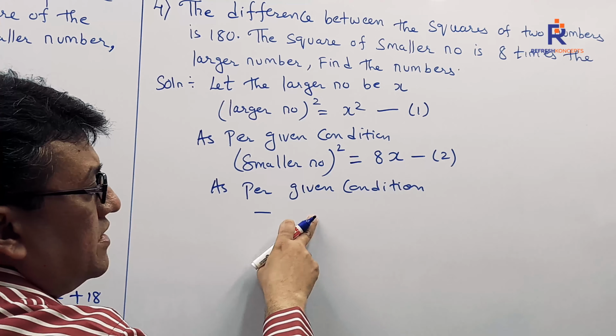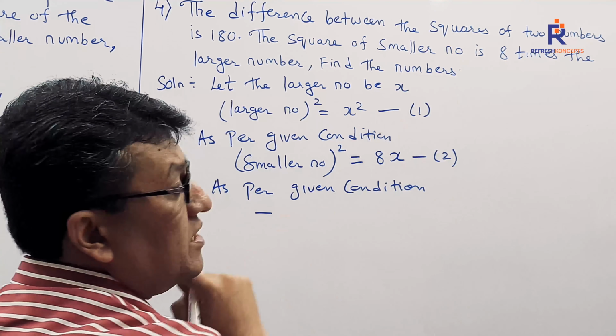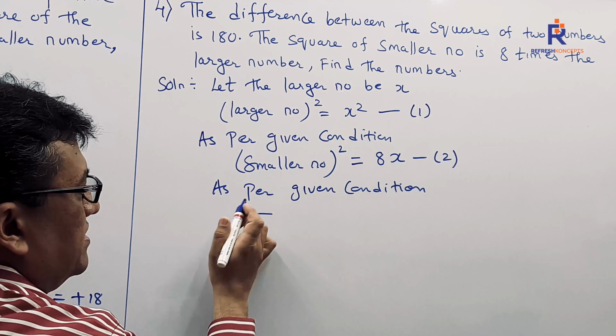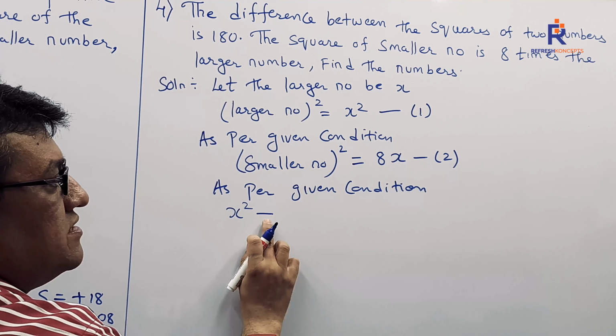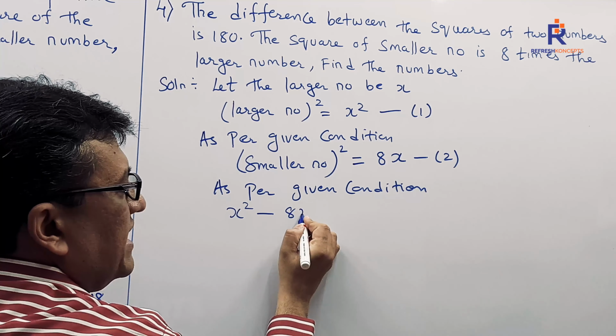So we have larger number square as x square, smaller number square as 8x. Shall we say this as equation 1? We shall say this as equation number 2.